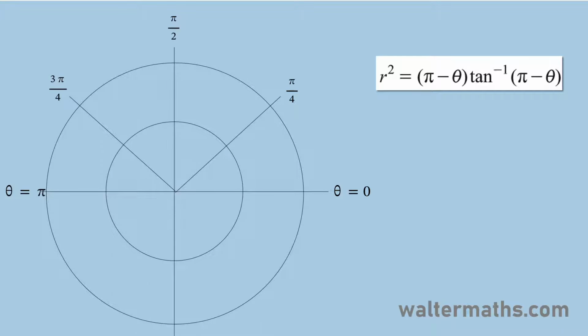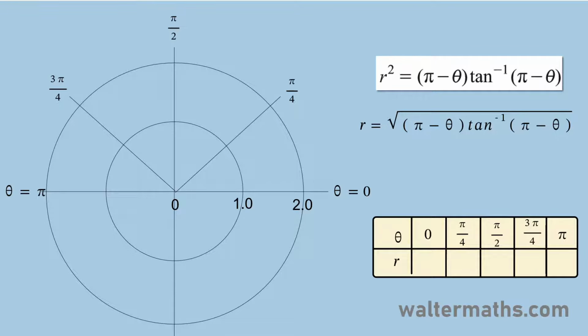Now, from the equation that we've been given, we can make r the subject by square rooting both sides, so that r is equal to the square root of (pi minus theta) arctan of (pi minus theta). So making a table of values with these theta values, and substituting into this equation, we'll have, to one decimal place, the values of r being, when theta is 0, r is 2.0.